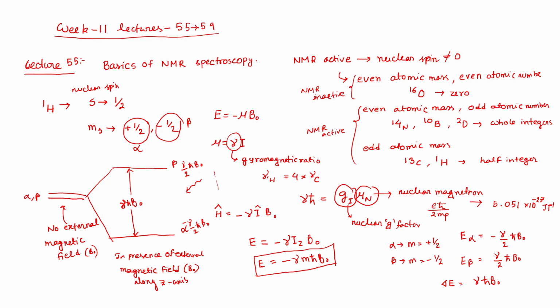Let me write it here. Suppose in ethanol there is CH3, CH2, OH. So there are three kinds of proton: one type, two type, and three type, right? If all of them resonate at the same frequency, then you will get only one signal, right?